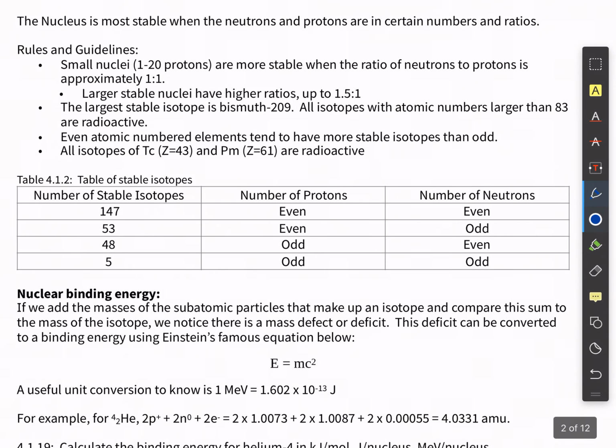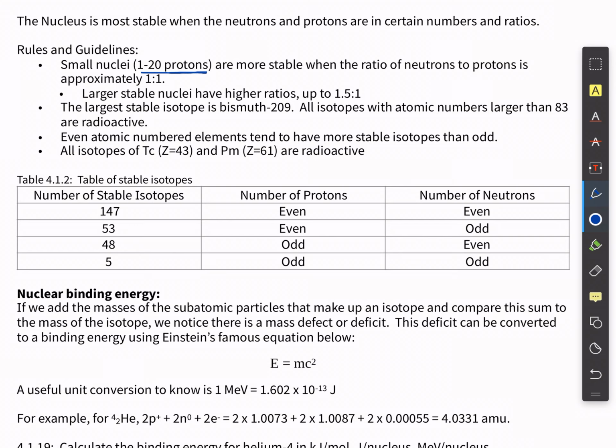The nucleus is most stable when the neutrons and protons are in certain numbers and ratios. And so when we say that a nucleus is stable, we actually mean that it's not going to undergo much nuclear chemistry. What we observe for stable isotopes is that for small elements, and again, giving you a guideline for small, we're basically talking about the first 20 or so elements on the periodic table, those are going to be the most stable when the ratio of neutrons to protons is approximately 1 to 1.